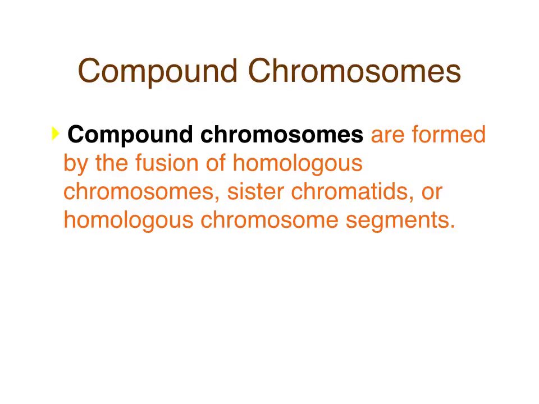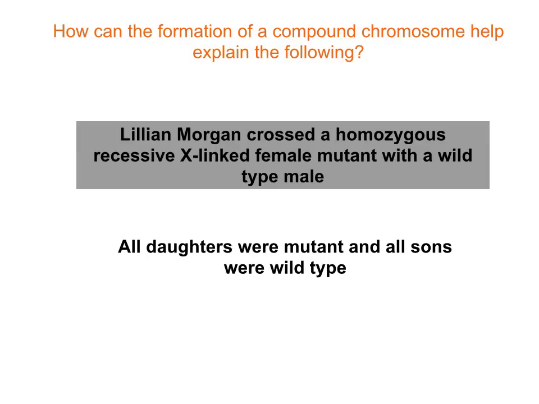Okay, so compound chromosomes. Let's just talk about these for a second. They're formed by the fusion of homologous chromosomes, or sister chromatids, or homologous chromosome segments. So here is the fusion of chromosomes, and this can happen a bunch.